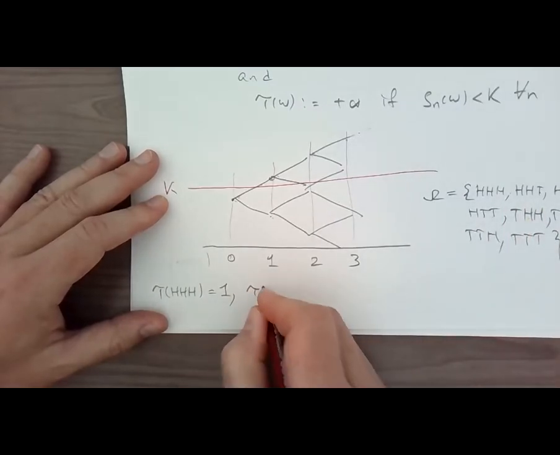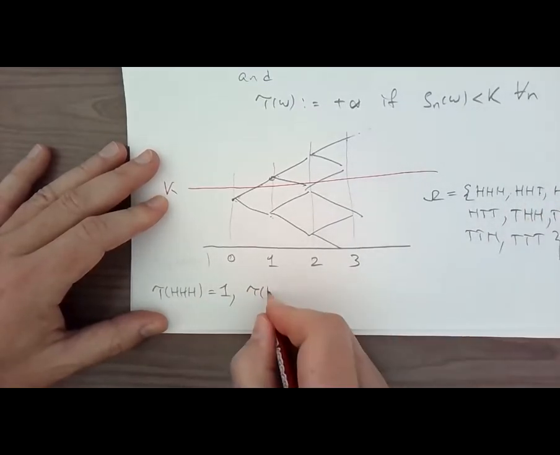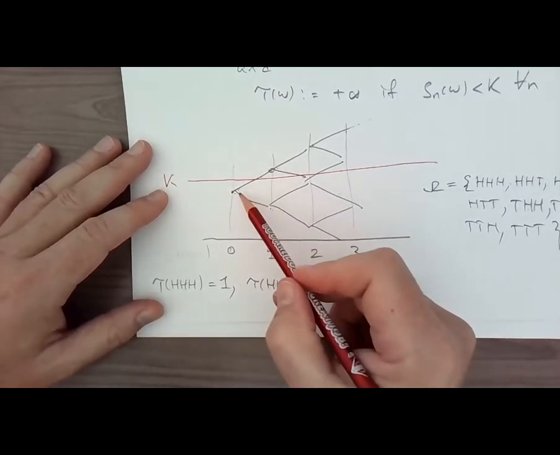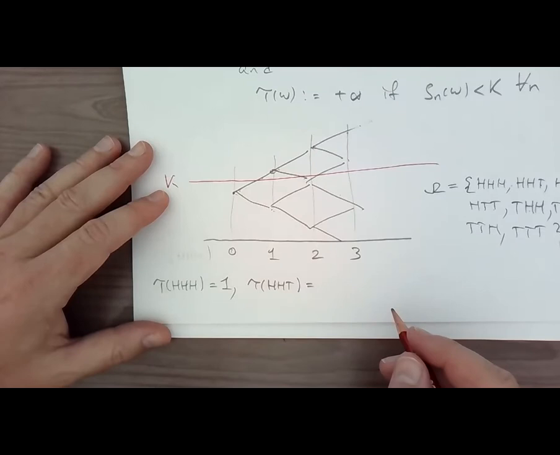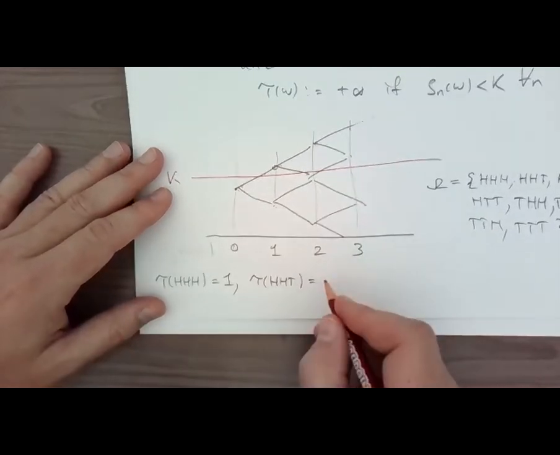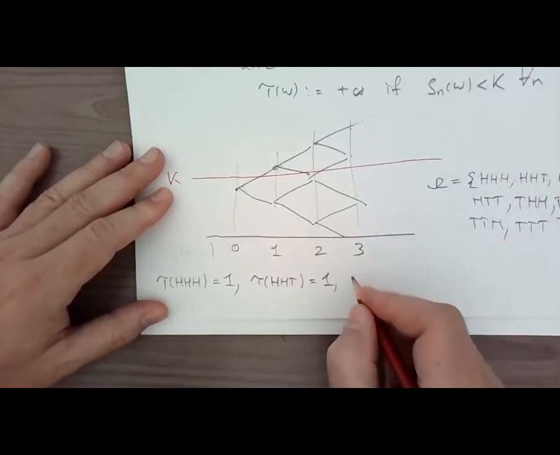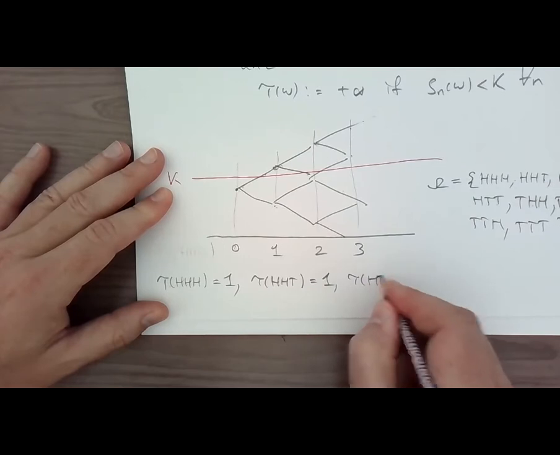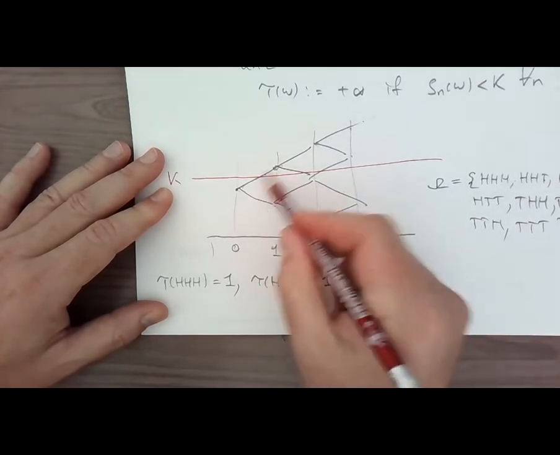Then we do tau of what would it be? Heads, heads, tails. What would that one be? So now we go up, up, down. When is the first time we got above? 1 as well. Then we do the next one. Tau of heads, tails, heads.